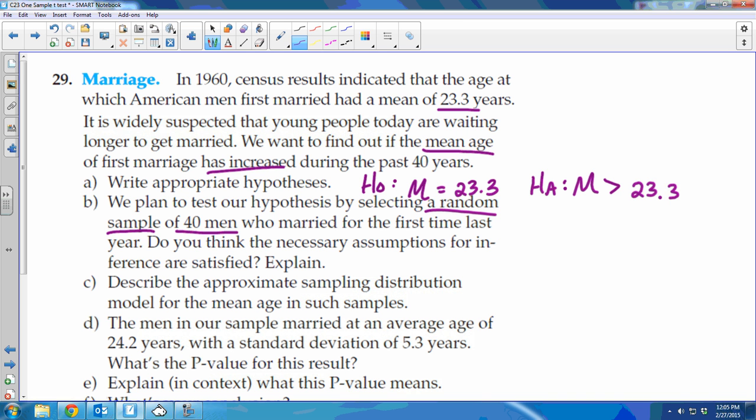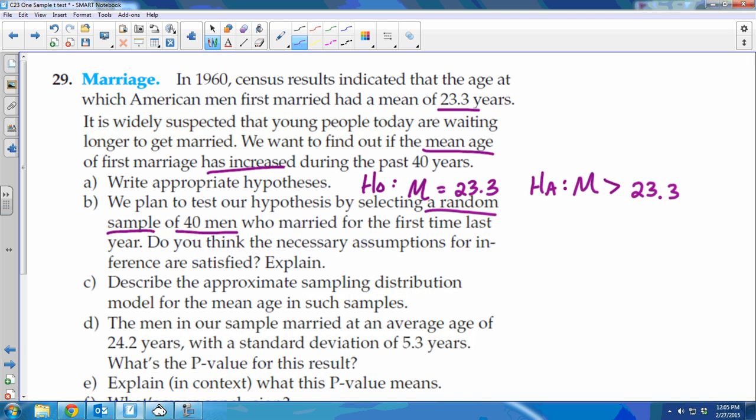My sample size is 40. So should 40 be large enough? Should be. So you would just say 40 men should be a large enough sample size to complete our inference test, our one sample t-test. Everyone good with the conditions?